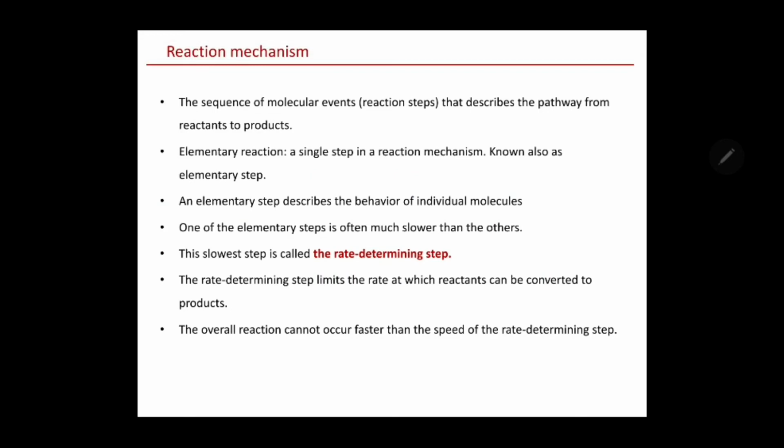Now, we know what is rate of reaction. Let's talk about mechanism of reaction. By mechanism, we mean steps. Let's see, we have a reaction: A plus B plus C equals ABC.